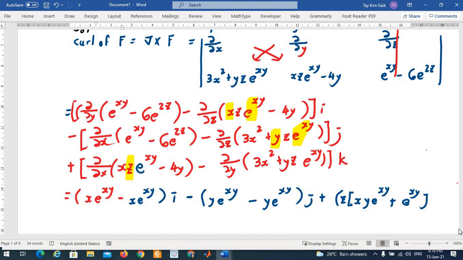∂/∂y of z e^(xy), also you have to use the product rule.